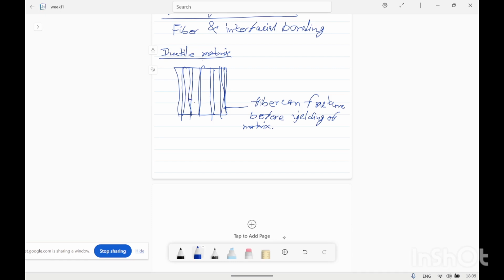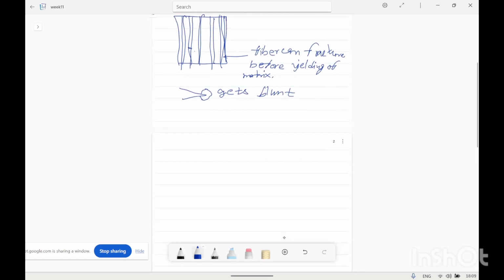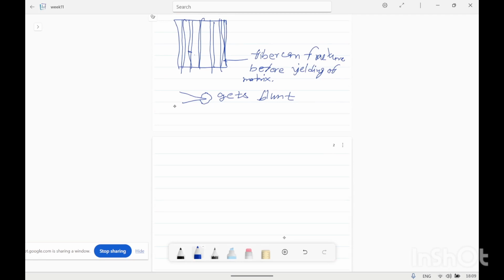So because of the yielding, the crack front gets blunt because of the plastic deformation near the crack front. And the matrix yielding also leads to stress relaxation.